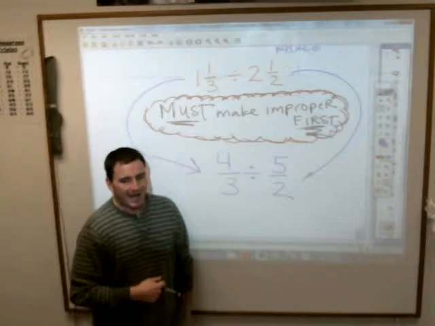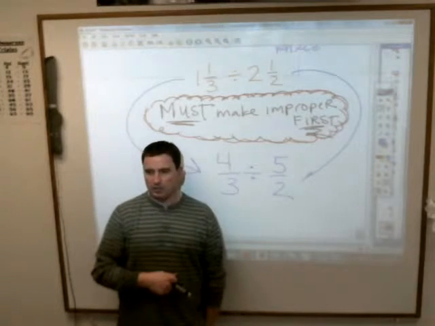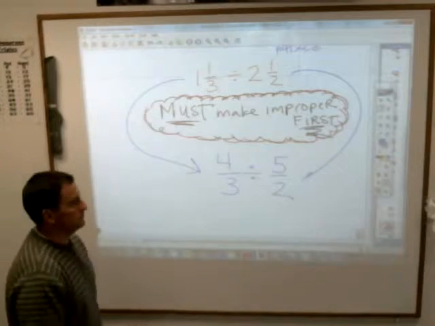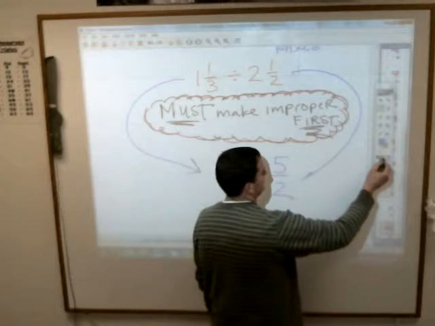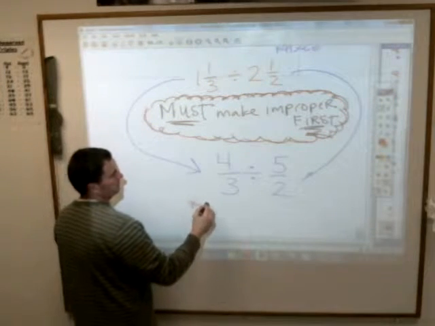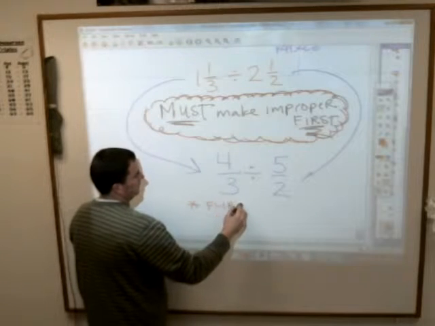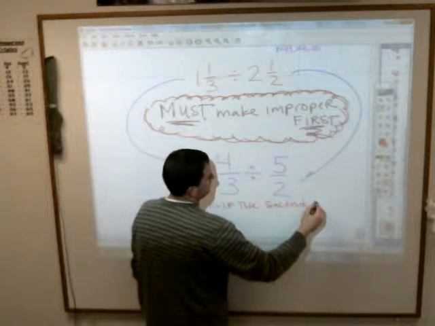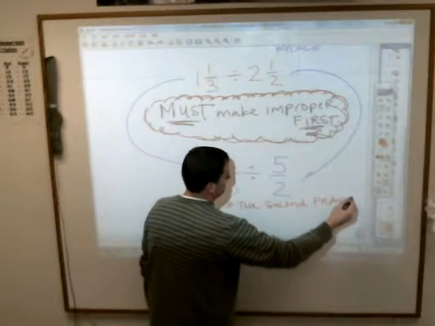Now that it is a fraction, how do you divide by fractions? We've already done that, Alex. In the second number, you flip it first. Exactly. Then your next step is to flip the second fraction and multiply.